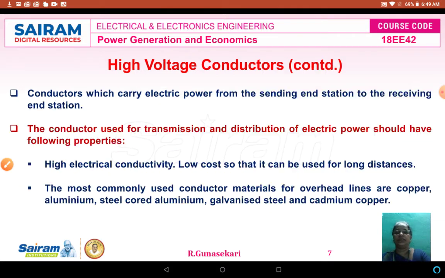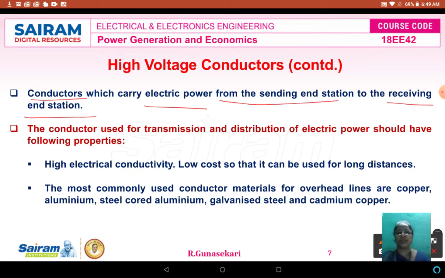Continuing with the high voltage conductors used in the substation, the conductors carry electric power from the sending end station to the receiving end station. The high voltage conductors are used for transmission and distribution of electrical power. Therefore the conductors have the following properties. First, high electrical conductivity.